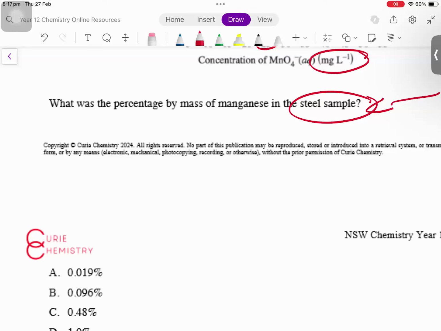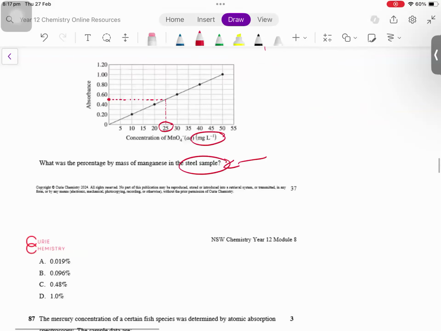What's the variable that they actually want? They want mass. Yeah. So there's really no point in me working with it in terms of concentration. I might as well get rid of the per liter part now and change it into mass because that's where I want to be at the end.